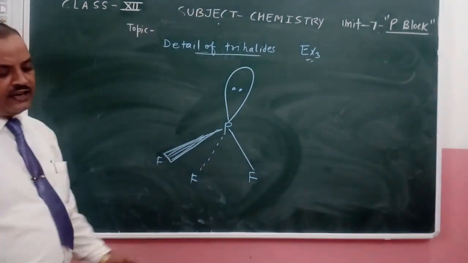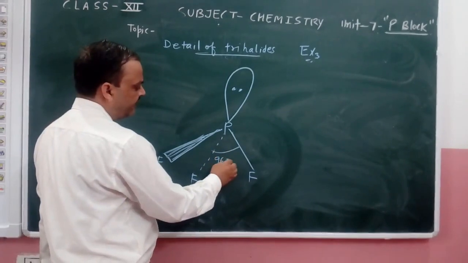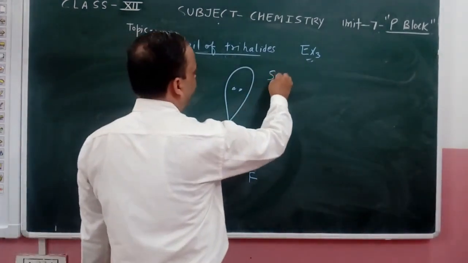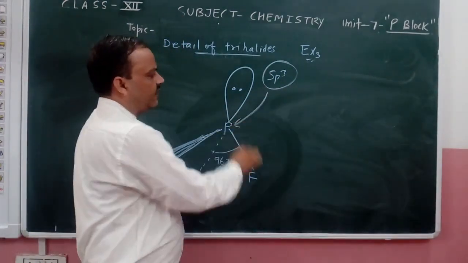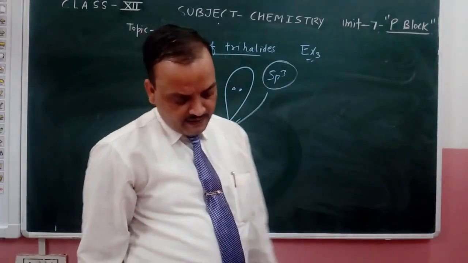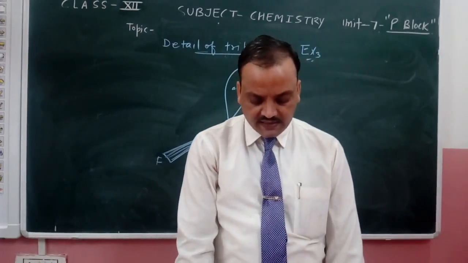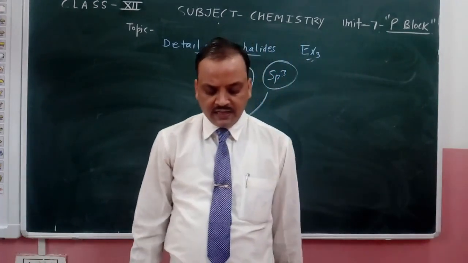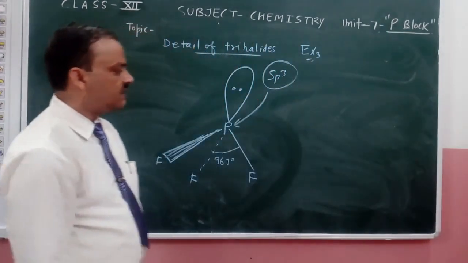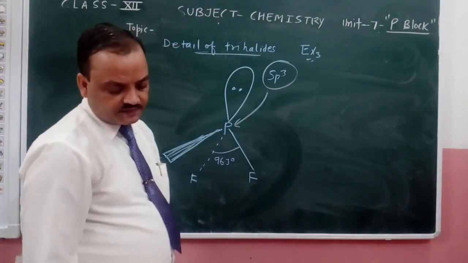So this kind of structure is present with a 96.3 degree bond angle. sp3 hybridization is present on this particular central atom in the case of this type of halides. One lone pair is present there on the central atom of these halides.